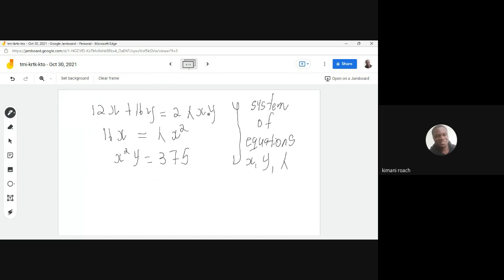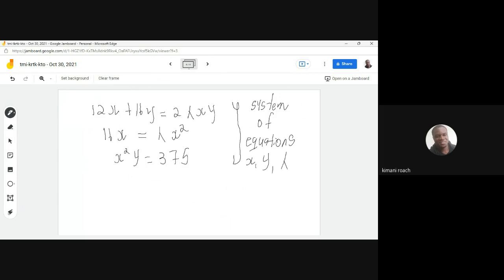So here now we have 3 equations with 3 unknowns, and we're going to be solving this system of equations. And once we're able to solve this system of equations, then we will definitely be able to find the dimensions that will minimize the cost of producing our box. So let us solve this system of equations.